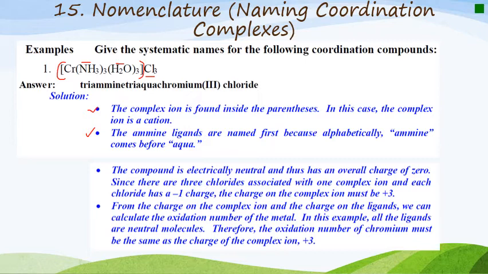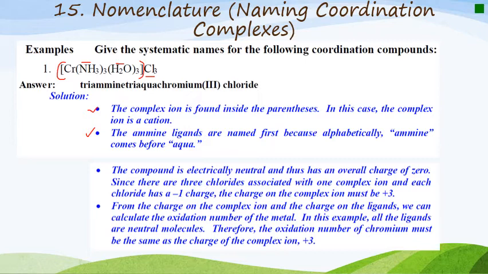There are 3 chlorides associated with one complex, and each chloride has a -1 charge. So therefore, the charge of the species inside the square brackets must be +3. Okay, so from the charge of the complex and the charge on the ligands, we can calculate the oxidation number of the metal. In this case, we see that the oxidation number of the chromium is +3.